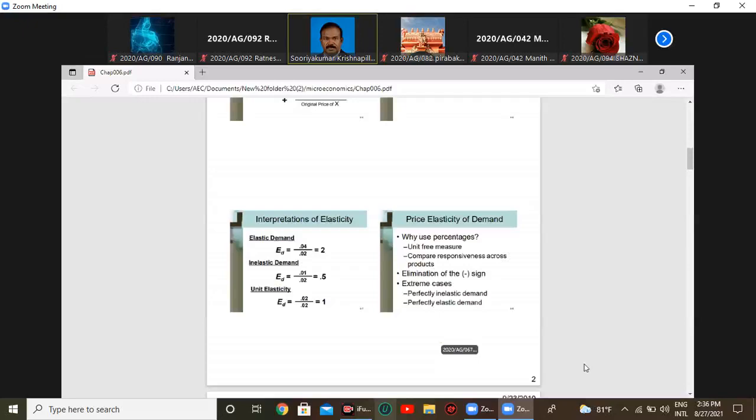You can compare how the consumer responds for a laptop or smartphone with the other products.